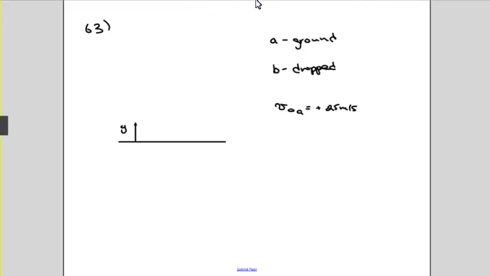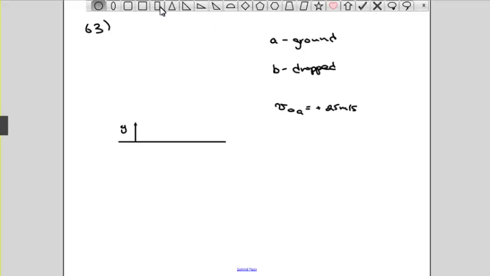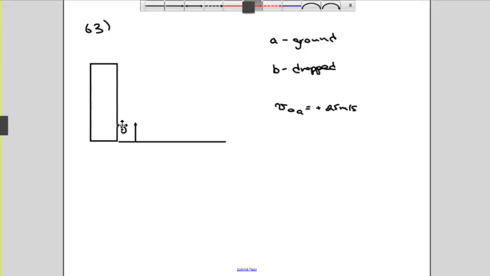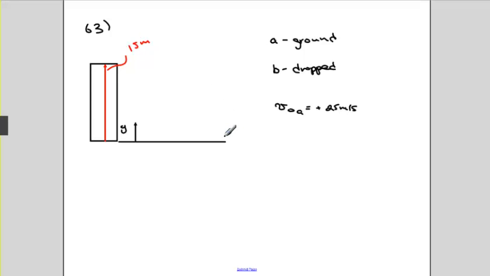And let's draw a building here so we can have that to look at. And the building is 15 meters high, so let's draw an arrow here showing the height. So it's 15 meters. This is, of course, 0 meters.